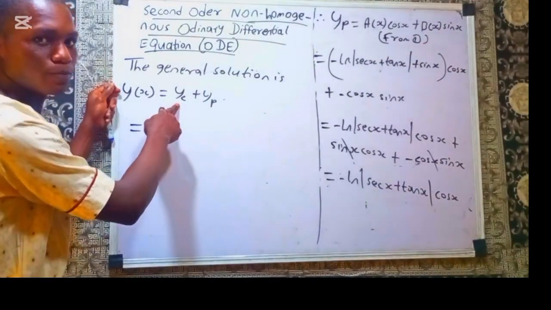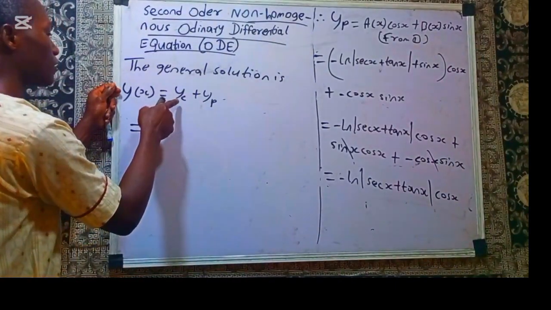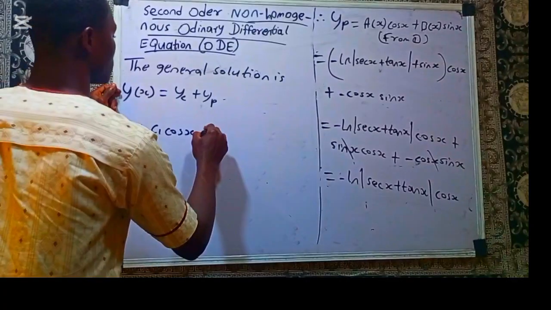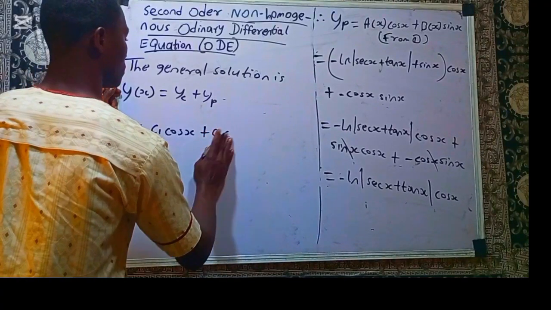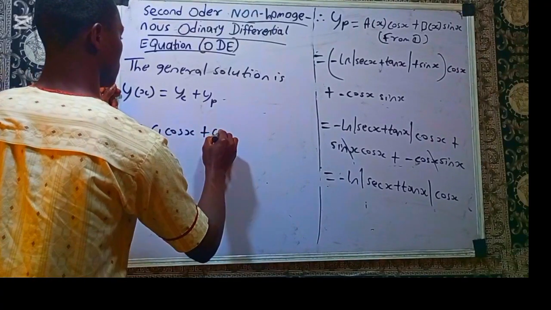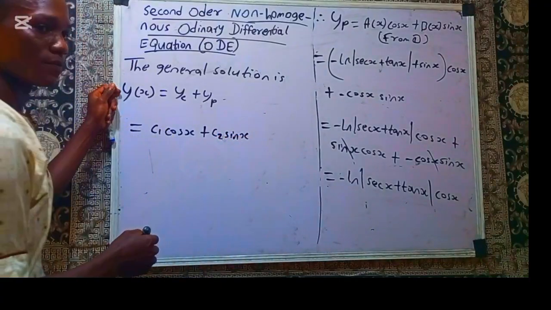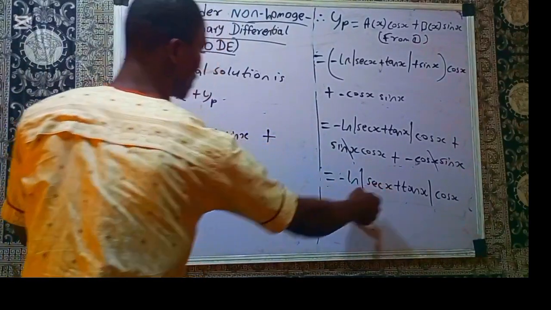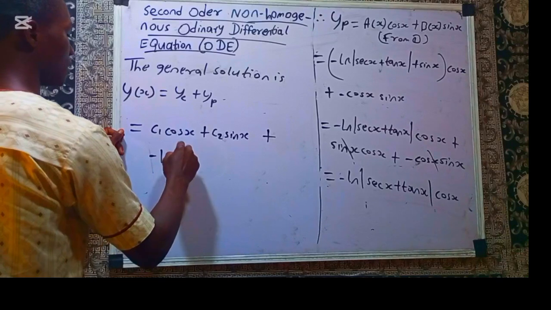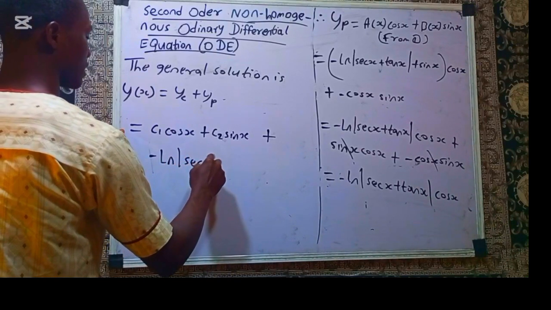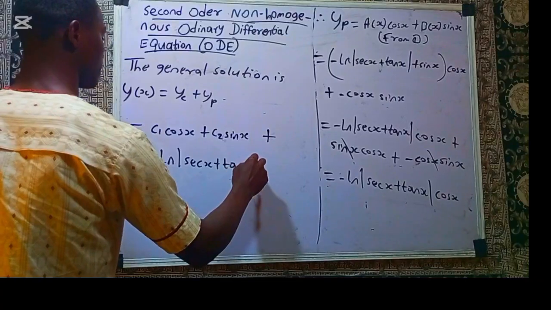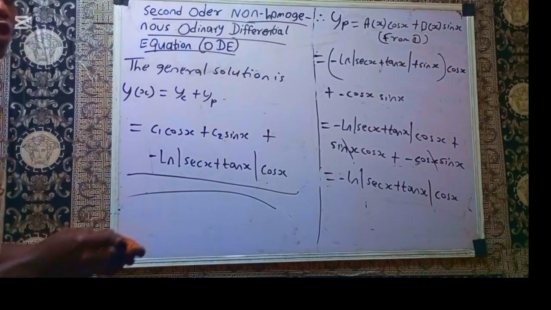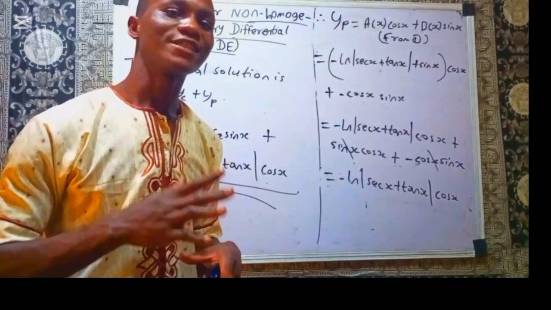From y sub c, when we got our complementary solution, we got c1 cos x plus c2 sin x. Plus the particular solution, negative ln absolute value of sec x plus tan x multiplying cos x. This gives you the solution to this non-homogeneous ordinary differential equation.